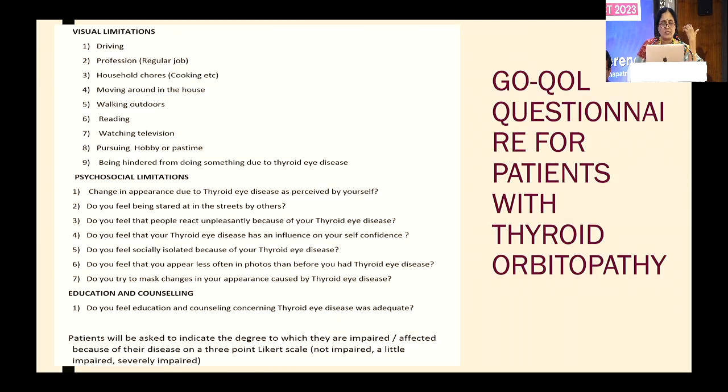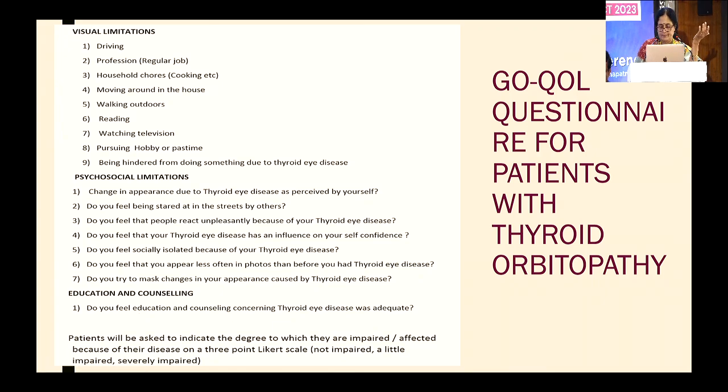And we used a questionnaire where we used questions about visual limitations during driving, the profession, what they do, household chores, depending on the category of the patient. Psychosocial limitations, where the patient was not able to go and mingle with people in functions and other things. And then we also asked a question that whether educating them about their disease helped them to overcome their sadness about what they had.